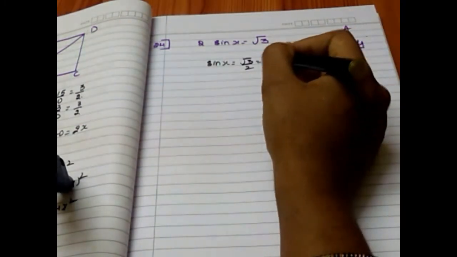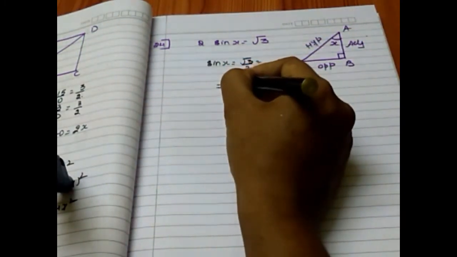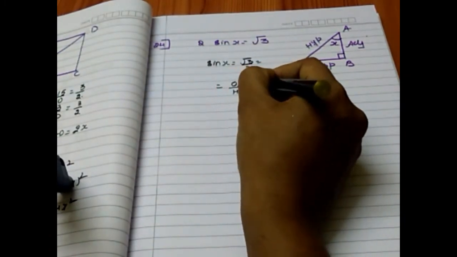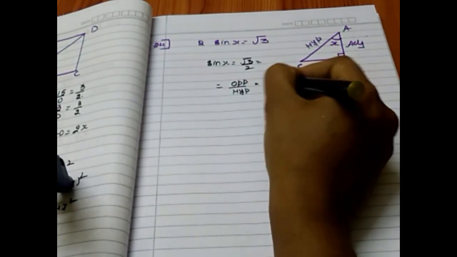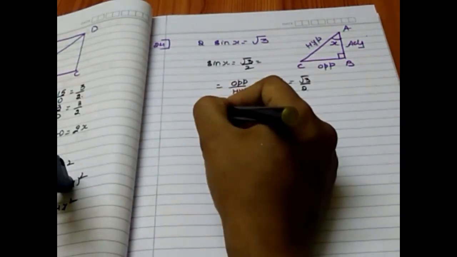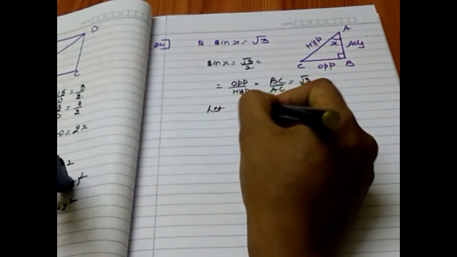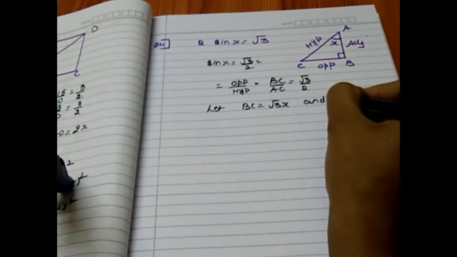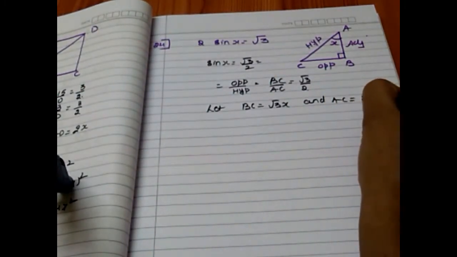What is the formula for sin x? That is the trigonometric ratio opposite by hypotenuse. In this, BC by AC is root 3 by 2. So let us consider BC as root 3x and AC as 2x.